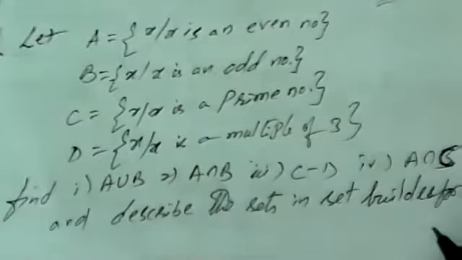So for this, let us list out the elements of A, B, C, D, and then we find the union of sets. All of you note down, copy it.